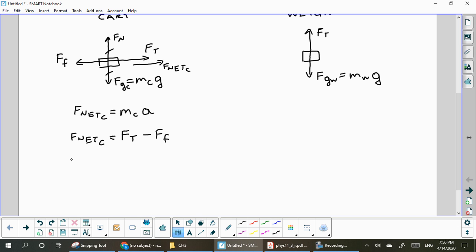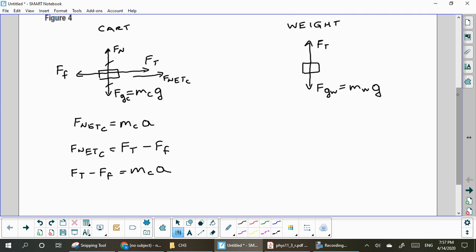So tension minus force of friction equals the mass of the cart times the acceleration. That's what we have right now with the cart. I'm going to move to the weight and do the same thing. I'm going to find the F net for the weight or object, as it says in the question.